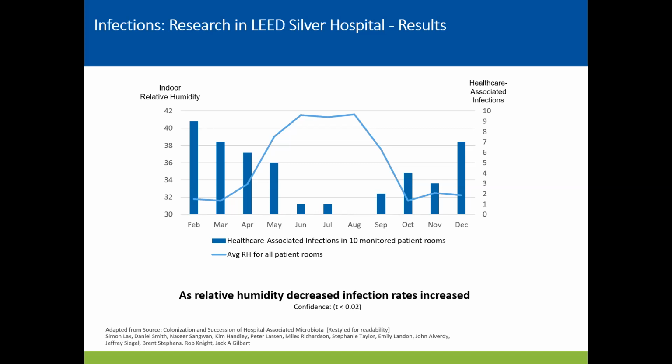What they discovered in this building was that as the relative humidity dropped in the winter months, or December, February, March, April, the number of healthcare acquired infections went up. And as the relative humidity raised in the warmer and more humid summer months, the number of healthcare acquired infections went down. The study had a very, very high confidence level in this result, with a p-value of less than 0.02. So a pretty strong correlation they observed here.